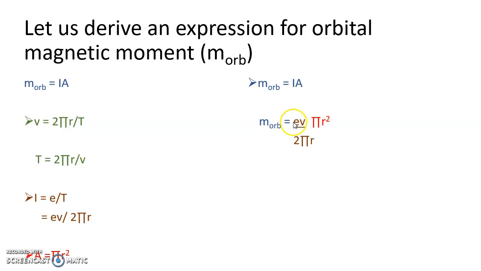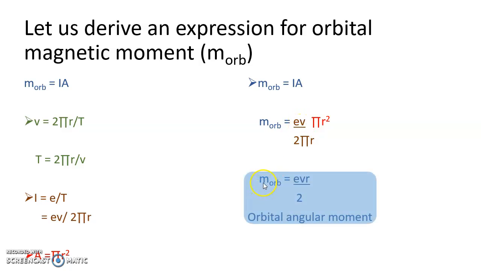We get it as e v upon 2 pi r multiplied by pi r square. In this equation, pi in the numerator and denominator will get cancelled out, and r in the numerator and denominator will get cancelled out, and we will get the formula for m orbit as e v r upon 2.